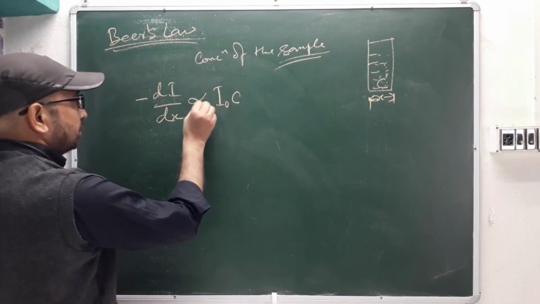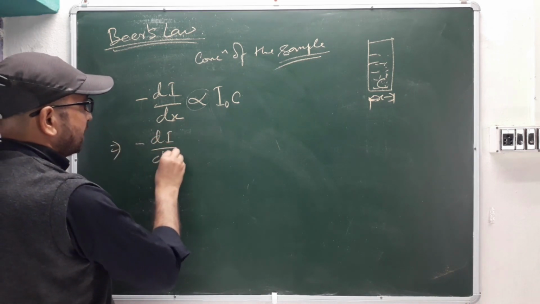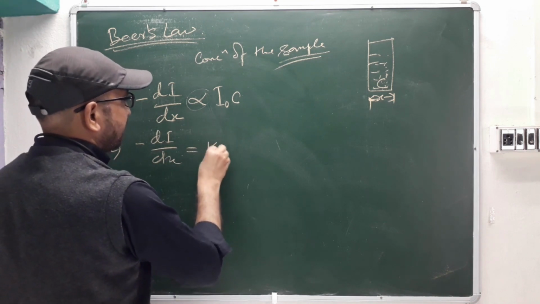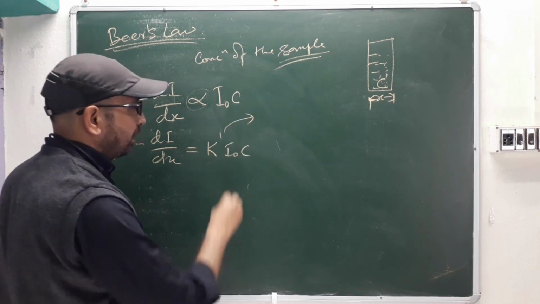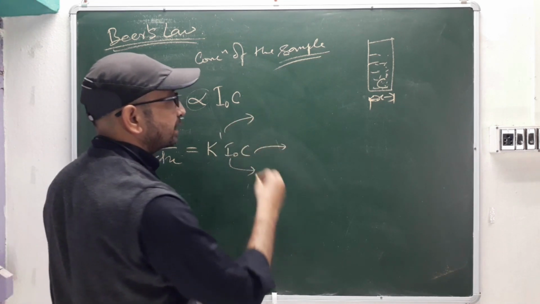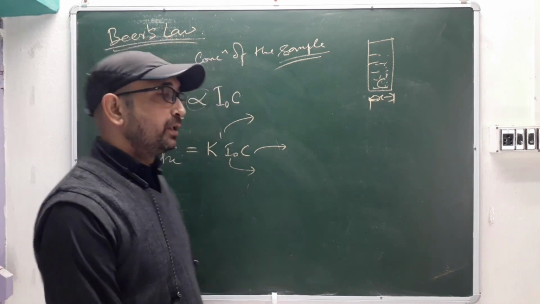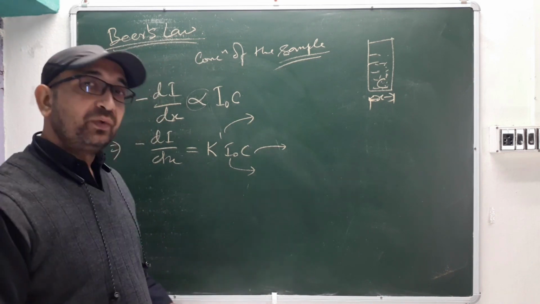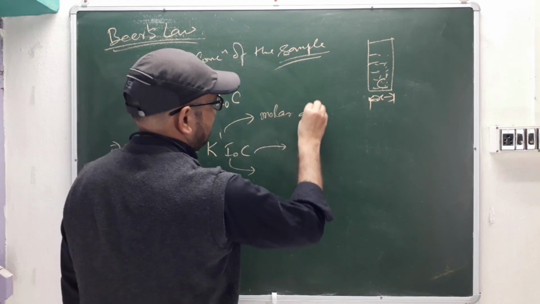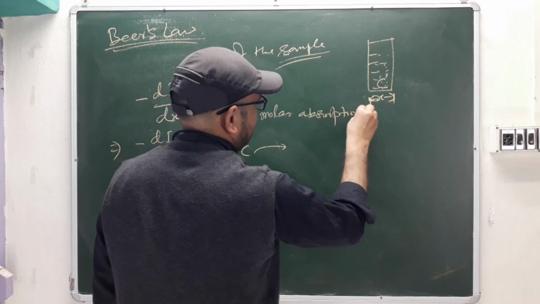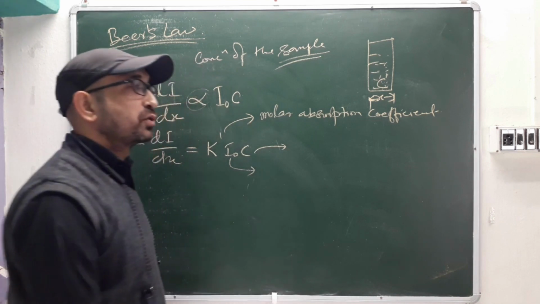Now you just replace this proportionality, so it becomes minus dI by dx equal to k prime I0 c, where k prime is the proportionality constant, I0 is the incident radiation, and c is the concentration of the sample, how much you have taken, in mole per liter, correct. This proportionality constant we call the molar absorption coefficient.